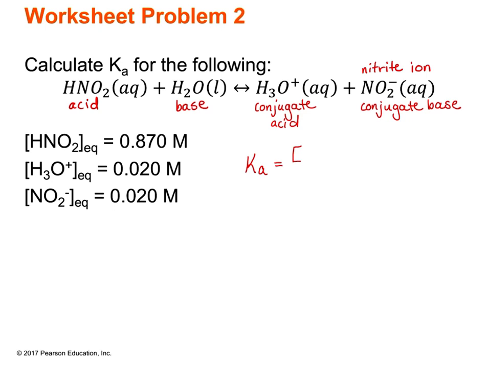In the numerator, we would have the concentration of the hydronium ions multiplied by the concentration of the nitrite ions. Both of their coefficients are 1, so we don't have to write an exponent. It's just understood that the exponent is 1. Then we're going to divide that by the concentration of the reactants. In this case, we do have water as one of our reactants, and it's a pure liquid. So we would exclude that from our denominator, and we're just going to write the concentration of nitrous acid.